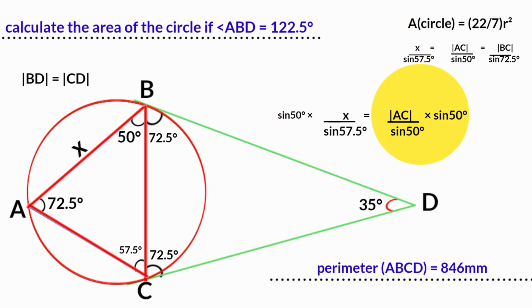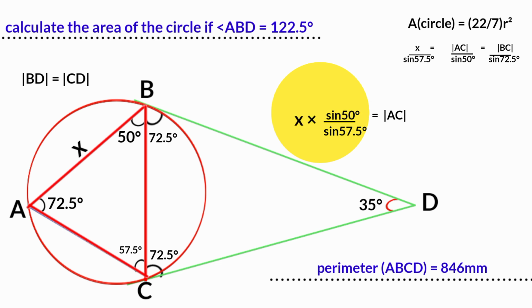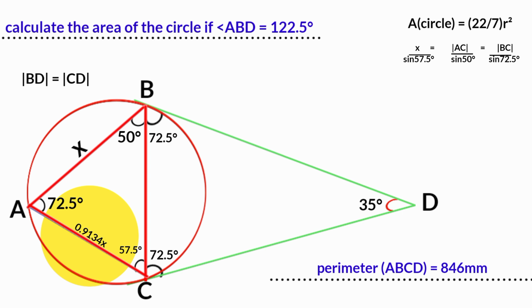Here, sine 50 degrees cancels sine 50 degrees, and here sine 50 degrees times x over sine 57.5 is equivalent to x times sine 50 degrees over sine 57.5, which is 0.9134, and x times 0.9134 is 0.9134x. So therefore, line AC equal to 0.9134x.